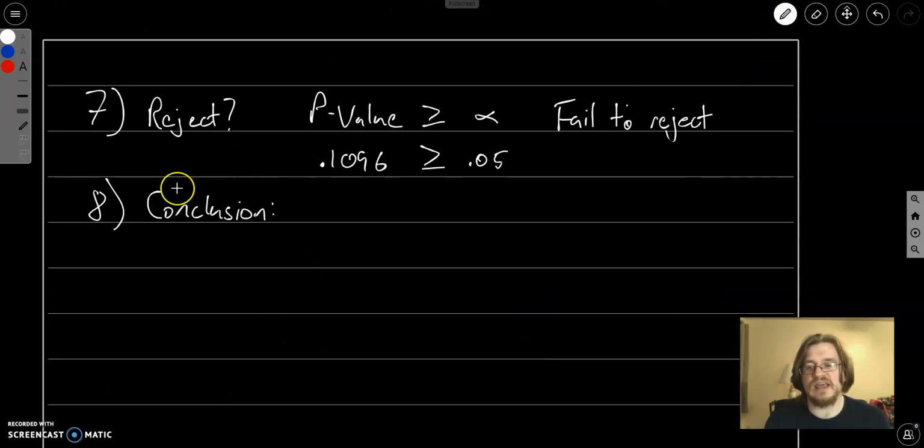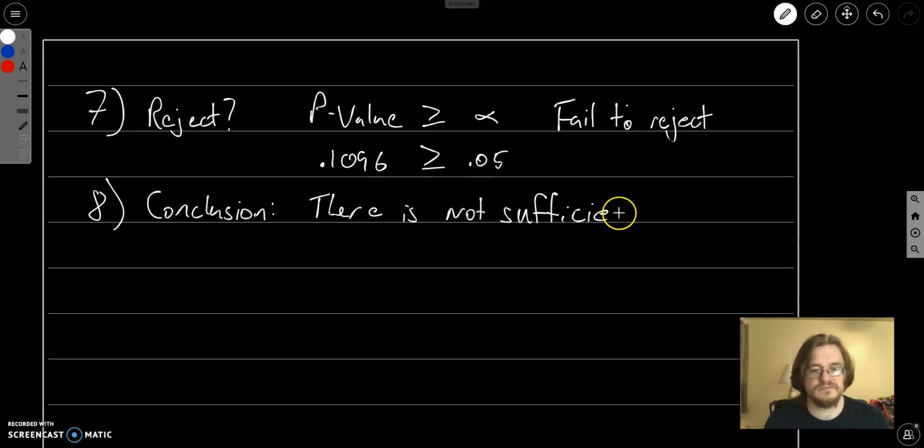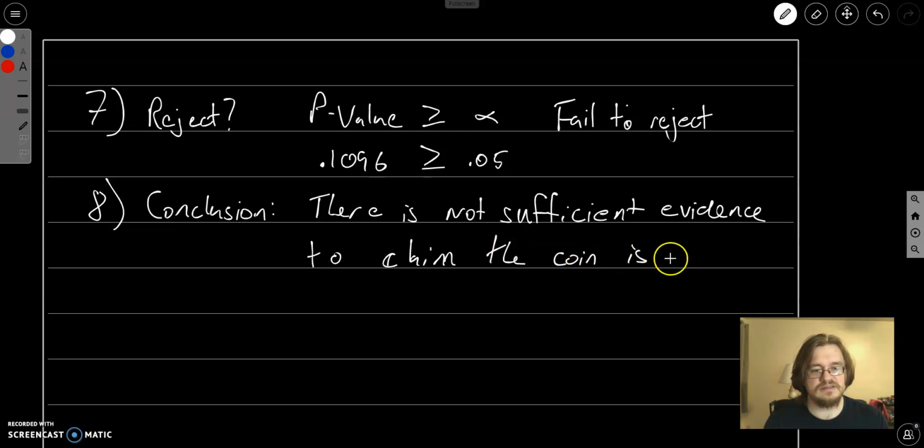So what can we say? How can we conclude this? So we'd say that there is not sufficient evidence to claim the coin is unfair.